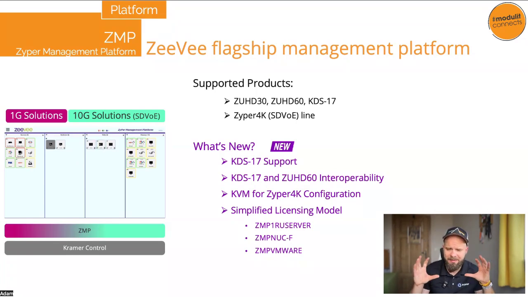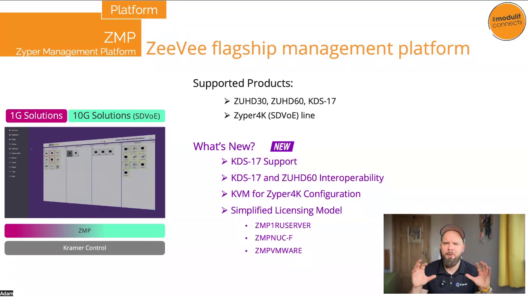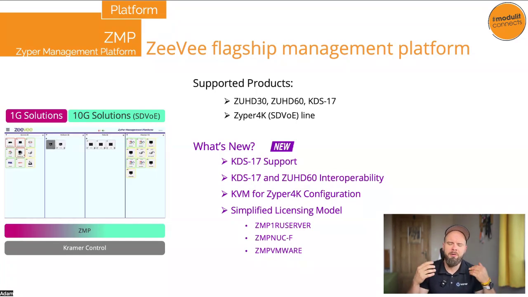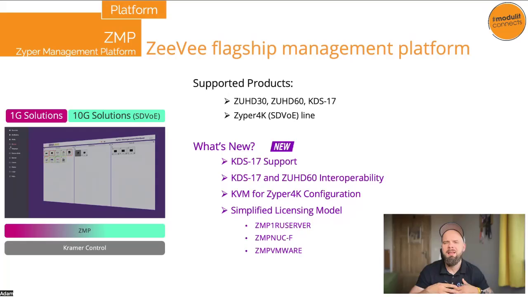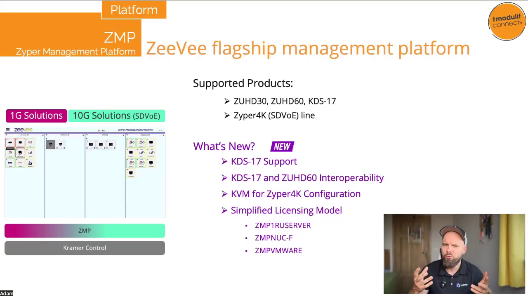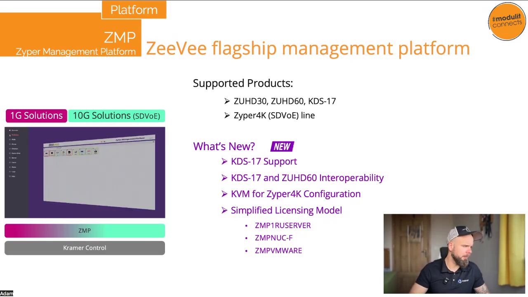You can have a rack unit, a Zyper management platform computer rack unit, or a smaller form factor, which is a NUC-based computer, or you can buy a VMware license to install Zyper management platform on a virtual machine inside your network.